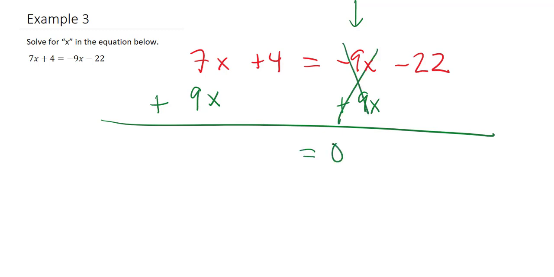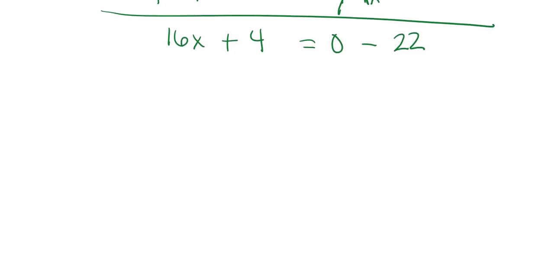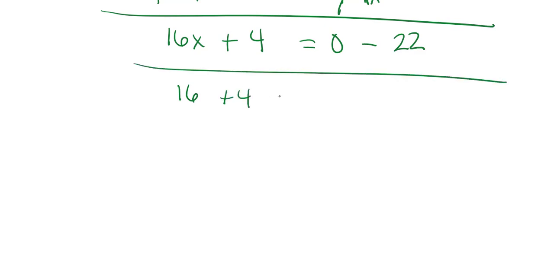This then becomes 0, and then we have a positive x value on the left-hand side. 7x plus 9x is 16x plus 4, so we just bring that down. On the right-hand side, we have minus 22. So 16x plus 4 equals 0 minus 22, which is just negative 22. Let's rewrite this.